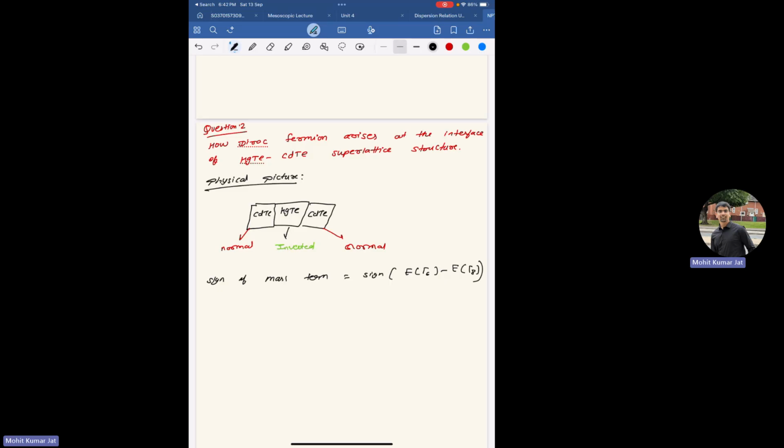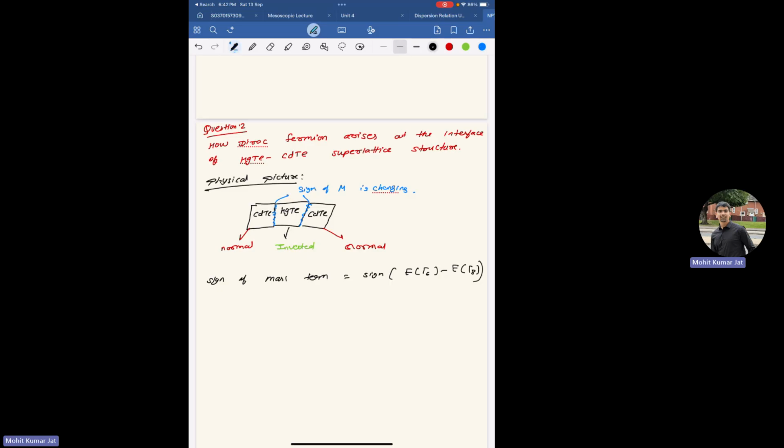I'll show you the simple interface. If you see at this interface and at this interface, your M is changing; the sign of M is changing. What does it do?